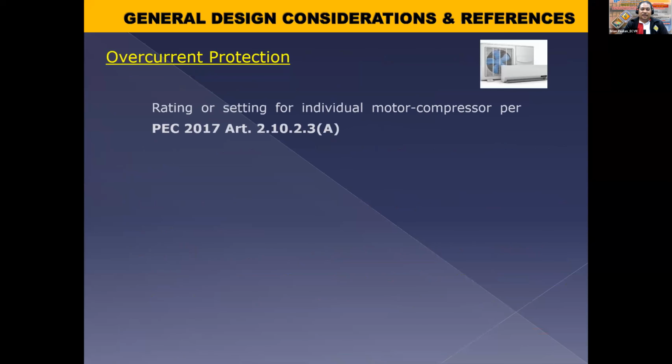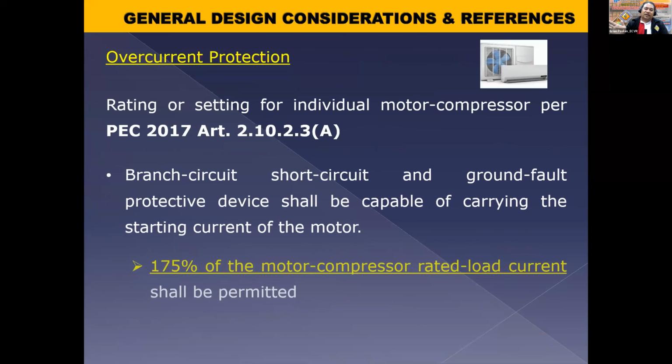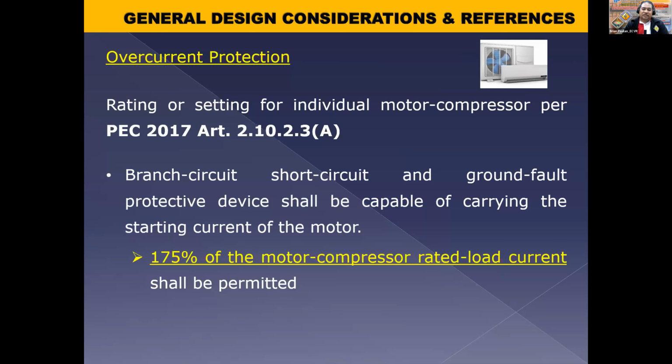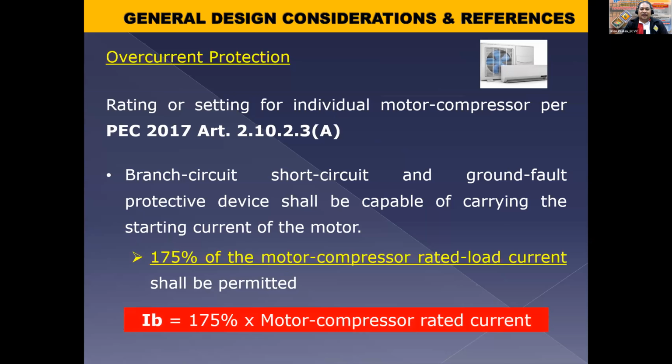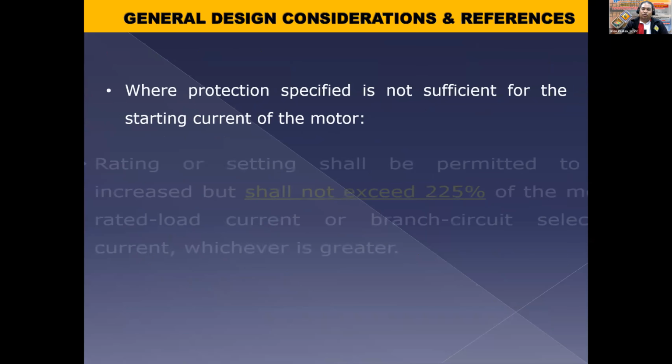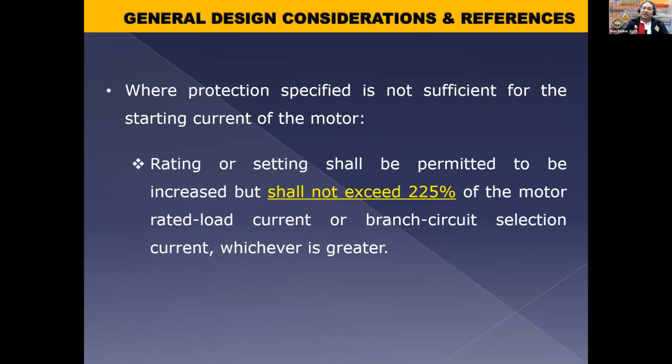Then for the circuit breaker or fuse, okay? Ito yung multiplying factor niya, it's 175%. Minimum ito, no? 175% shall be permitted, no? But in case na magka-cause siya ng nuisance tripping during starting, it can be adjusted up to as high as 225%.